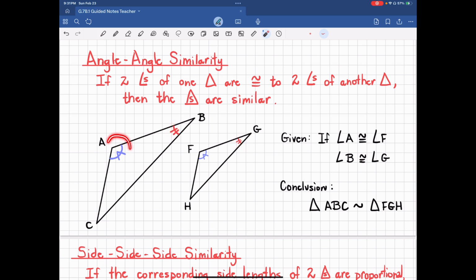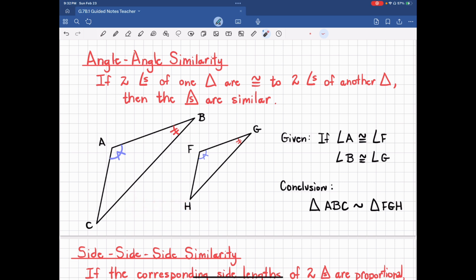So if I know this angle and this angle, I can calculate the missing angle by adding A and B and subtracting it from 180. So if A and B are congruent to F and G, this third angle has to be the same. So C and H have to be congruent.